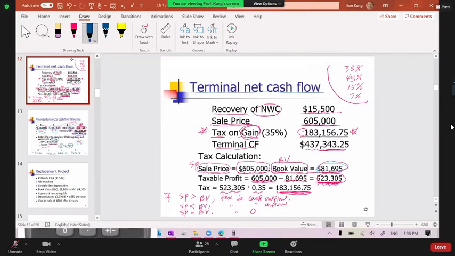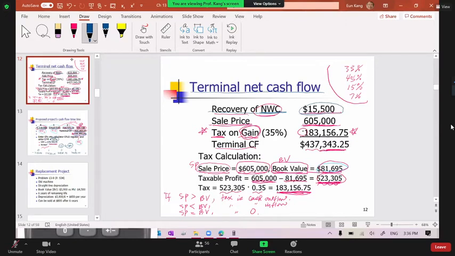As I said, the net working capital doesn't change throughout the years, but at the end of the project, net working capital goes down. That means cash flow goes up. That only happens when the project finishes. During the project years, we assume no change in net working capital.